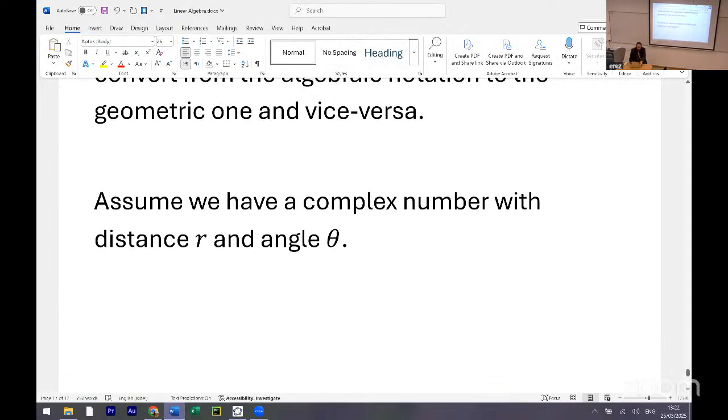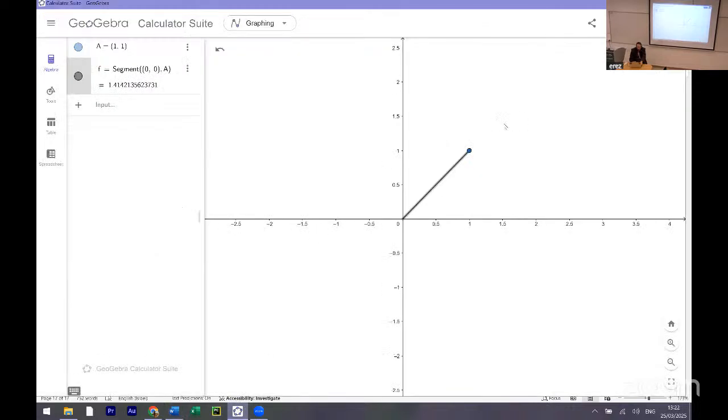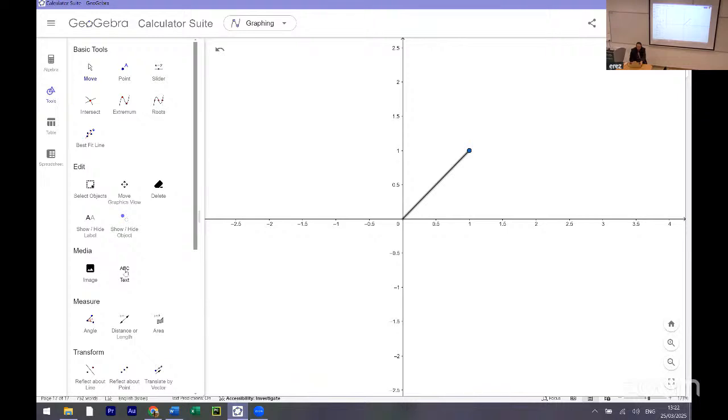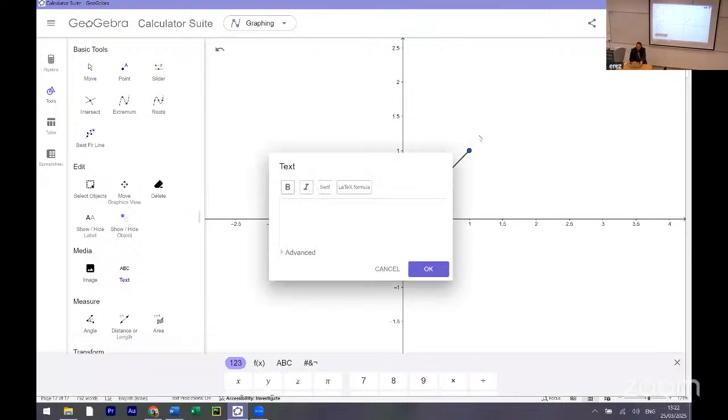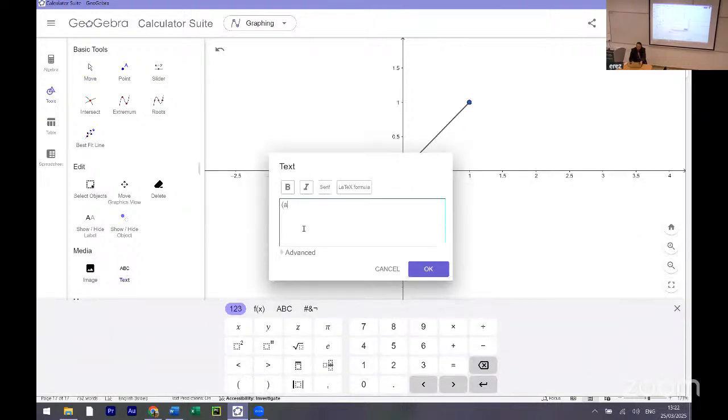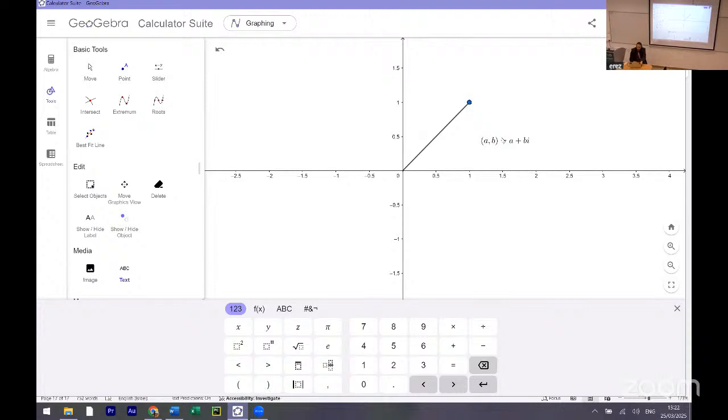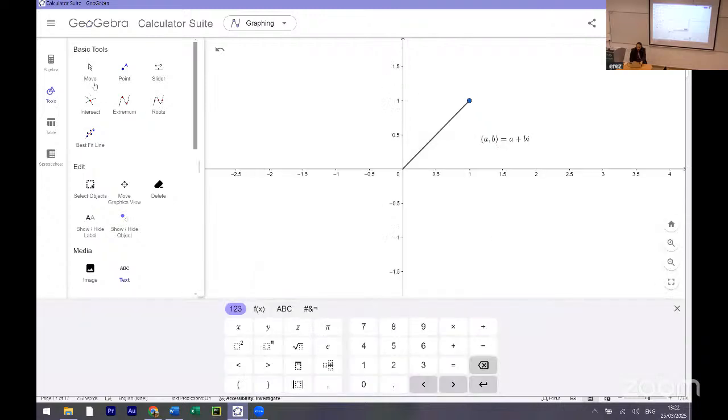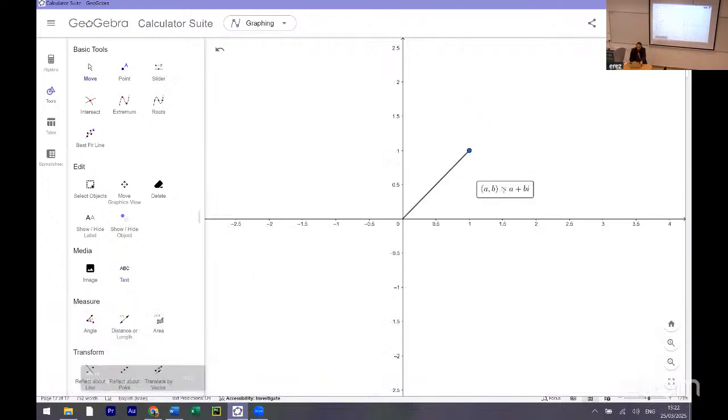Let's go to the drawing board and write that the point (a, b) is actually the complex number a plus bi. That is what we wish to find, the a and the b.